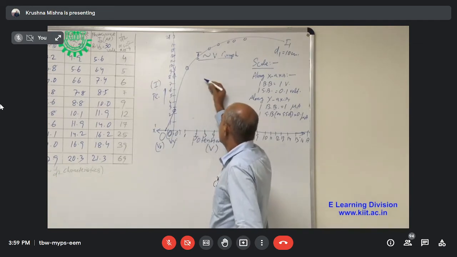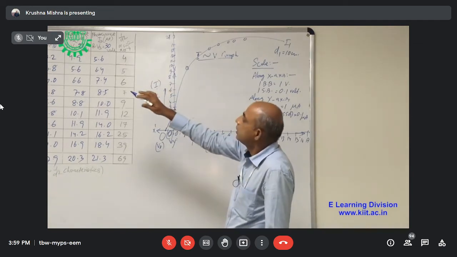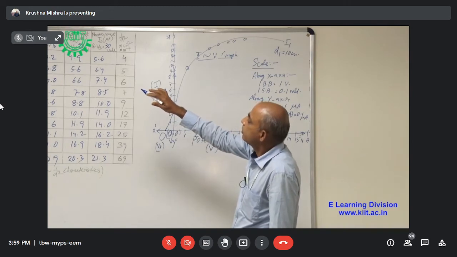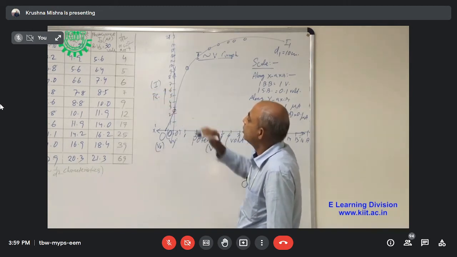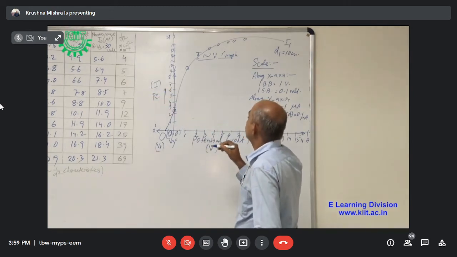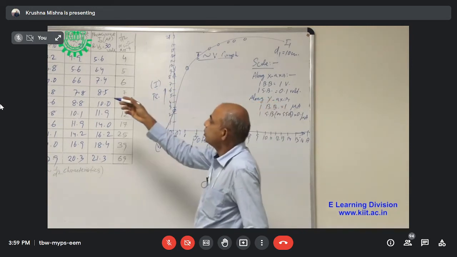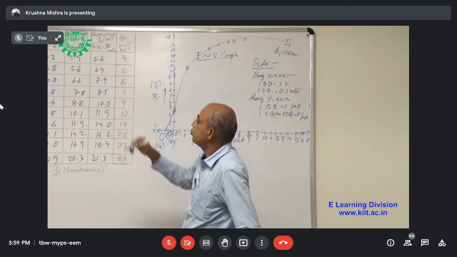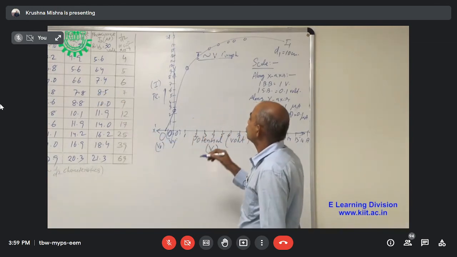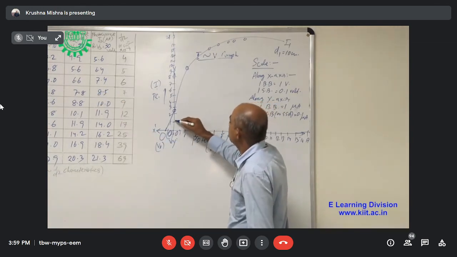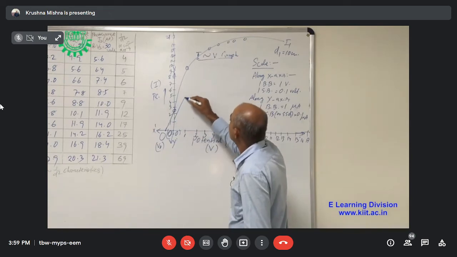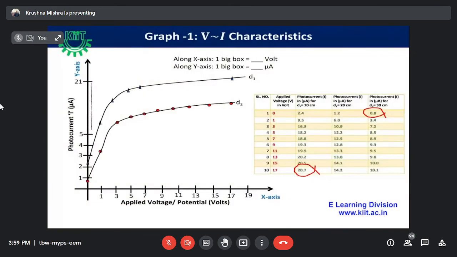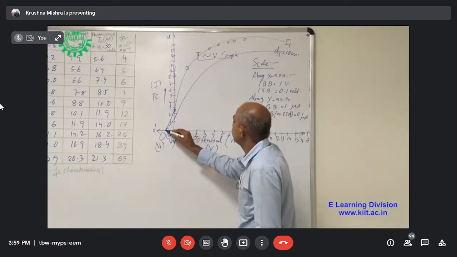Similarly, we will get other curves by increasing the distance d2, that is 20 centimeter. For 20 centimeter, you see the current has now decreased to 1.2. If you proceed like this, another curve comes, but they all meet at the stopping potential point.